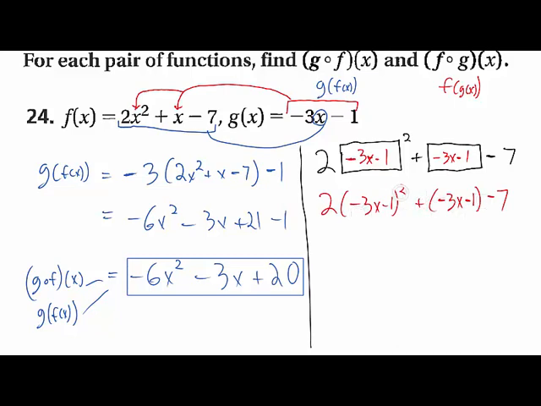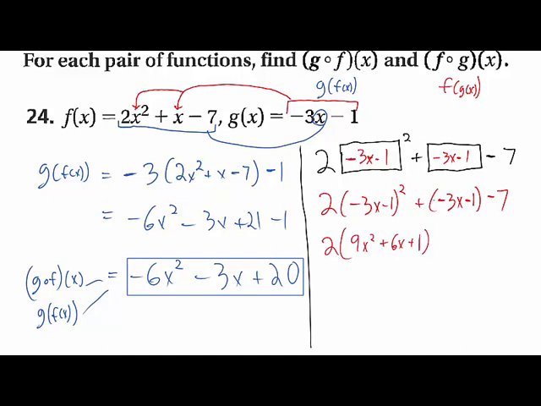And we can combine like terms, but first I'm going to square this binomial. So first I'll square it, and then I'll multiply by 2, so that becomes like a 9x squared, because a -3x times a -3x. And then for the middle terms, you get a plus 6x. And then for the caboose term, you get a plus 1 there.